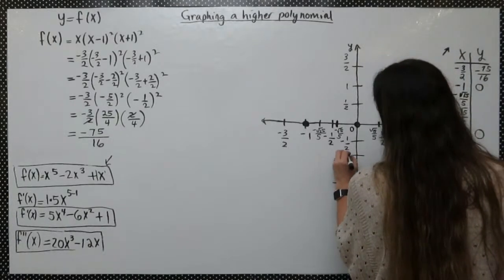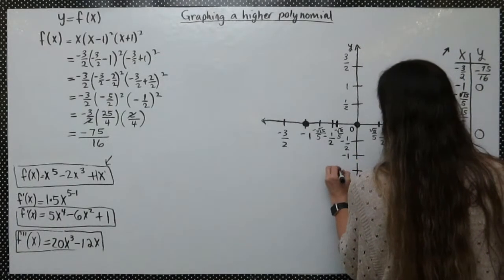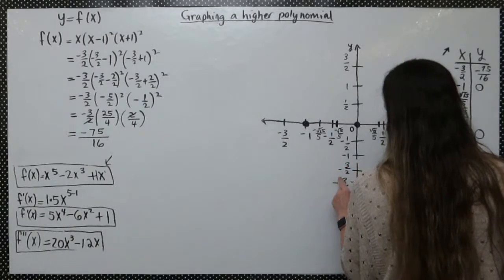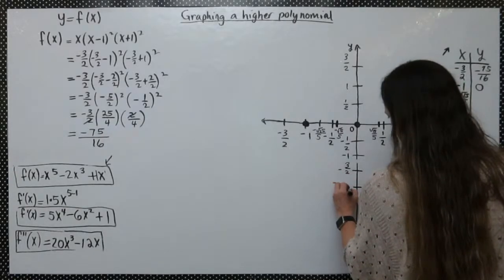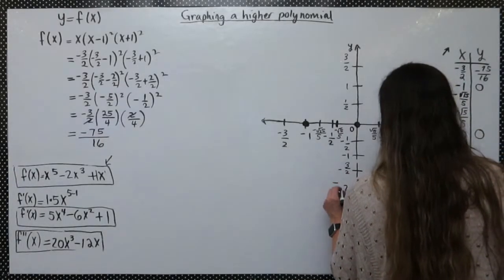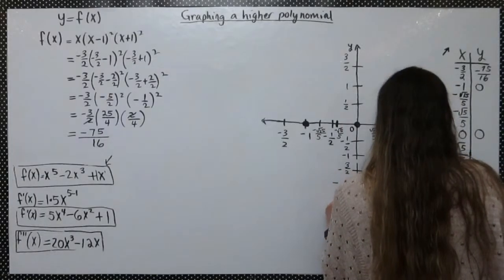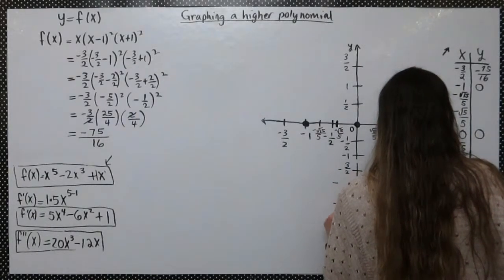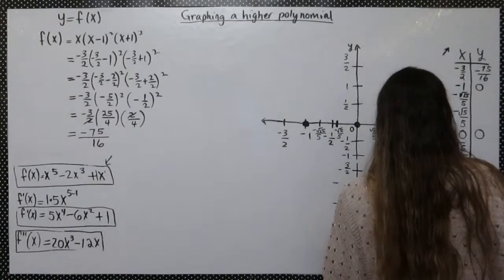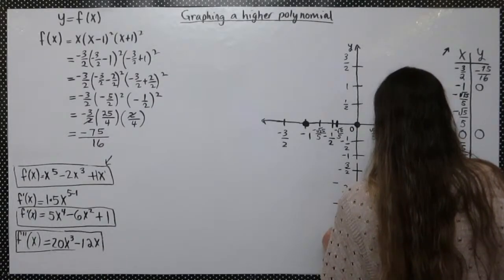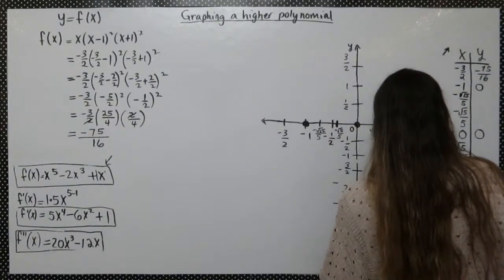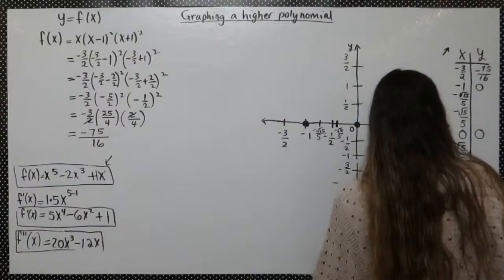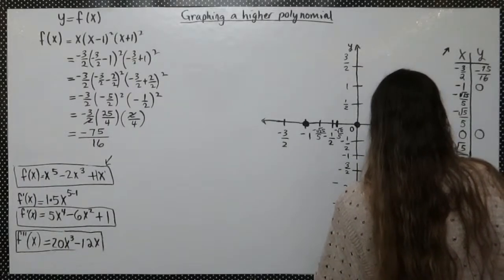So that would be -1. Put -3 halves. We'll move that down a little bit. We'll make it -2. 3 halves, 4 halves, 5 halves. -3. 6 halves, 7 halves. -4. A little bit further down, we need -8 halves, -9 halves.